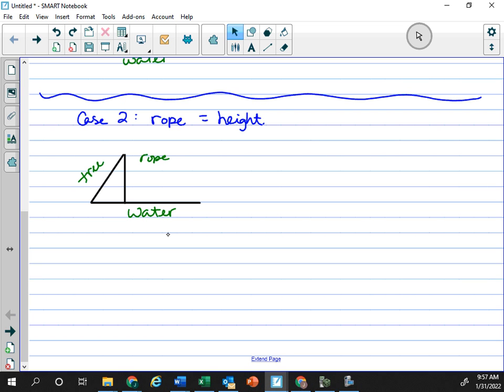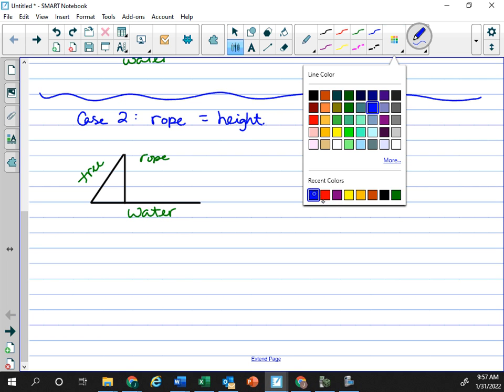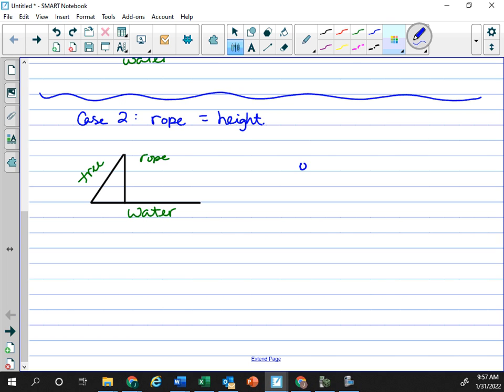What do you think happens? What does it look like was created? A right triangle. Yeah, so you get exactly one triangle and it ends up being a right triangle. So if the rope and the height are the same length, you end up with one right triangle.